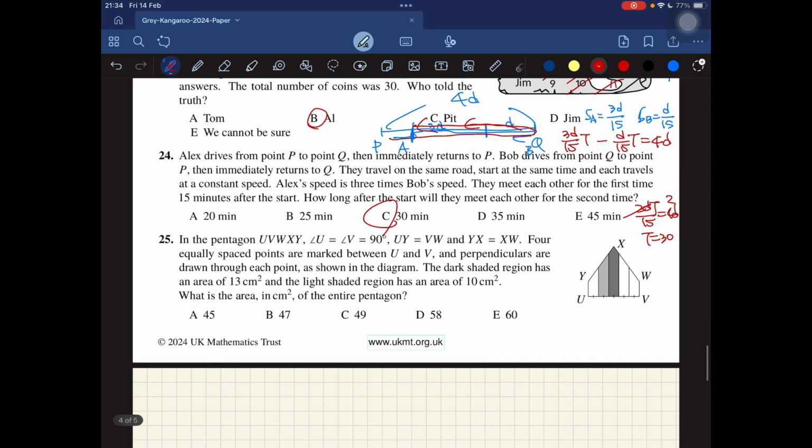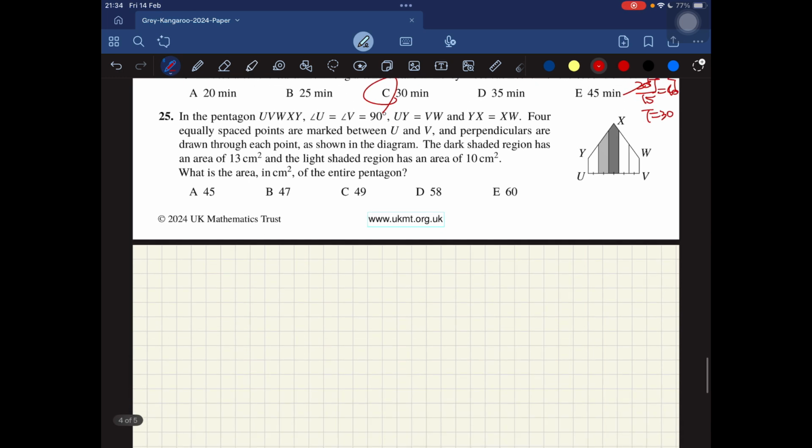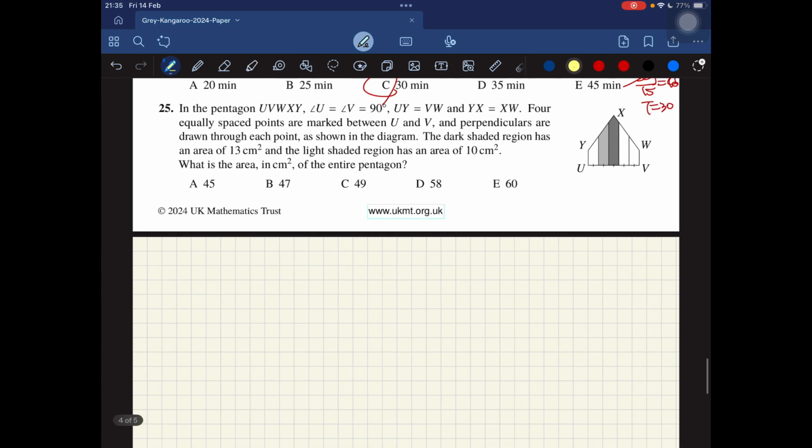And number 25. In the pentagon UVWXY, the dark shaded region has 13. So here is 13. And the light shaded is 10. So this is my 10. What is the area of the entire pentagon?